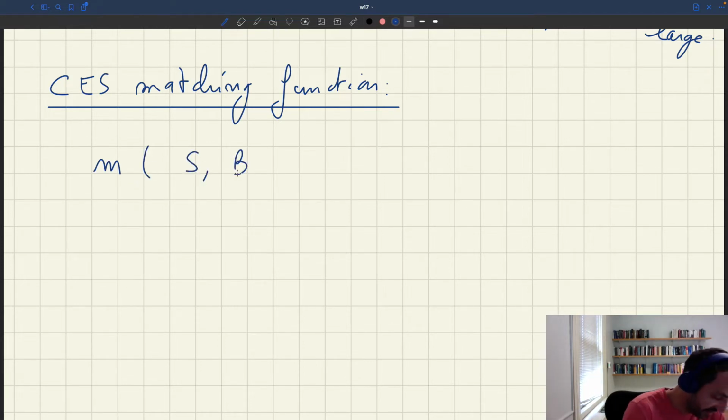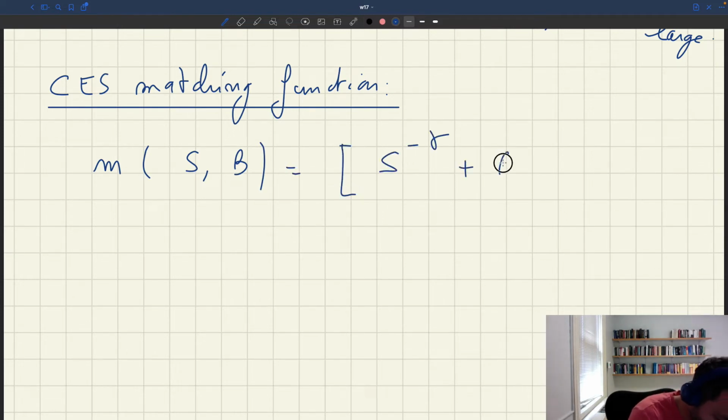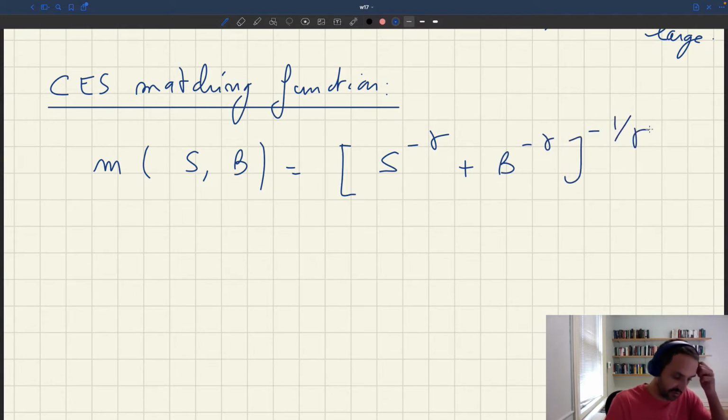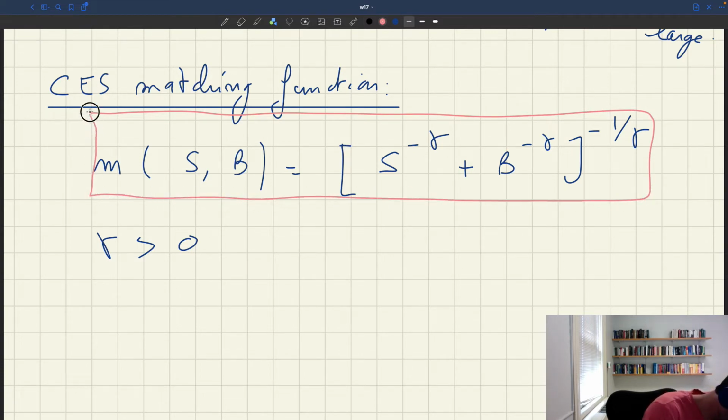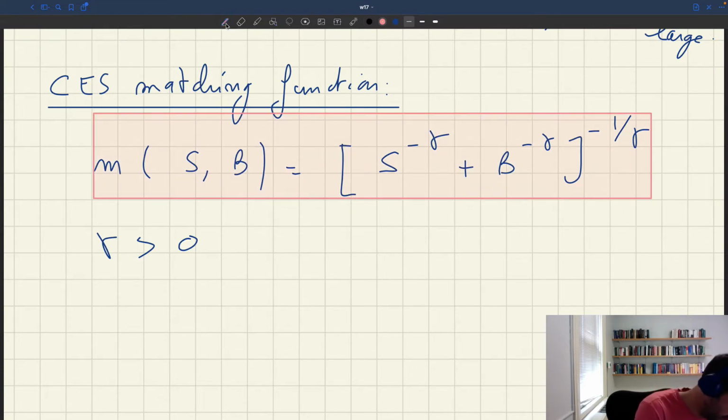When the number of sellers is S and the number of buyers is B, it's going to be S to the power of minus gamma plus B to the power of minus gamma, all to the power of minus 1 over gamma, where gamma is a parameter that has to be strictly greater than 0. So this is our CES matching function.